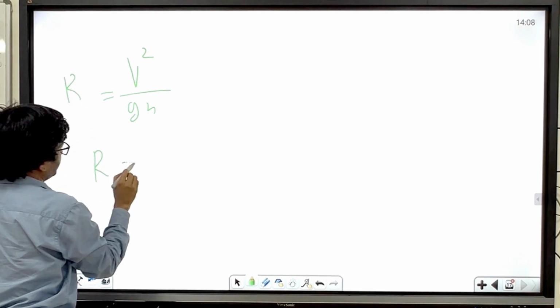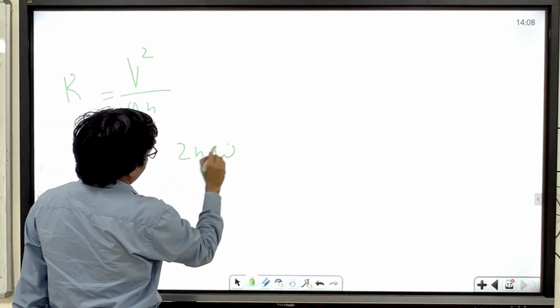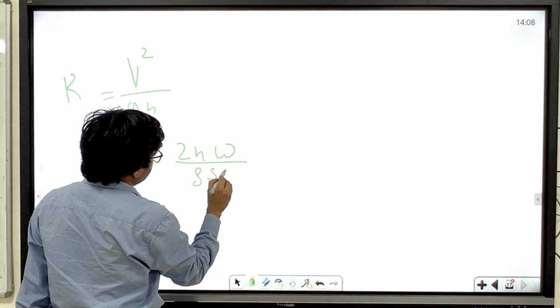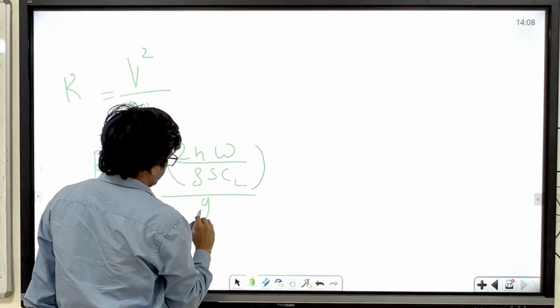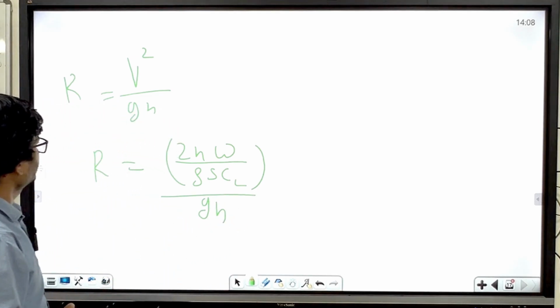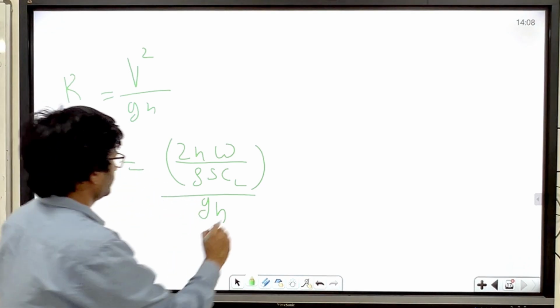And you may write it as 2nW divided by rho S CL, divided by gn. From lift equal to nW.